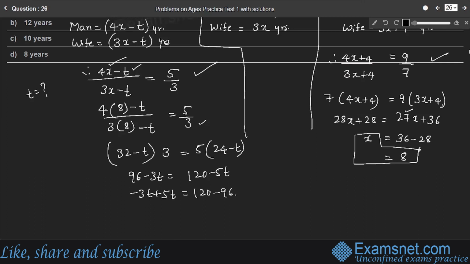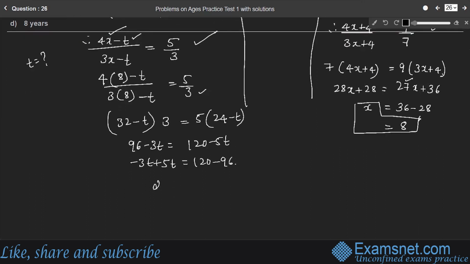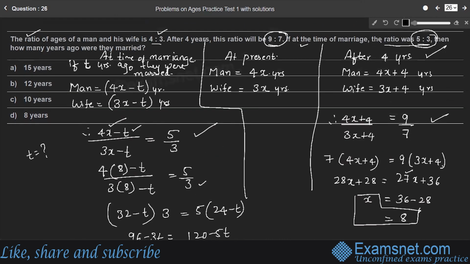Therefore, 2t is equal to 24. Therefore, value of t is 12. So t years ago, if they were married, that means 12 years ago they were married. Hence, option B is the right answer.